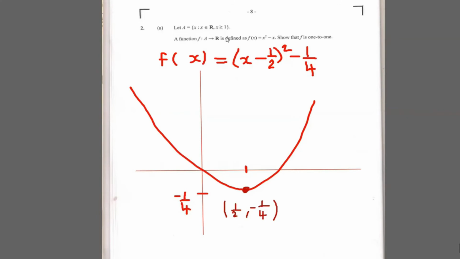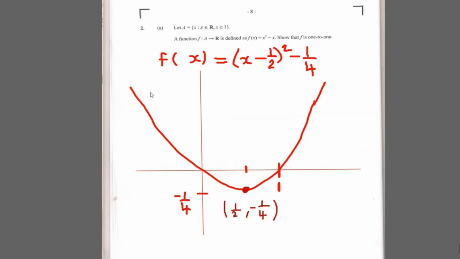But then the question said the function is only defined for when x is greater than or equal to 1. So this is when x is a half. So 1 could be somewhere right here. 1 is a root. 1 minus 1 is 0. So this is 1. x equal 1 is a root.